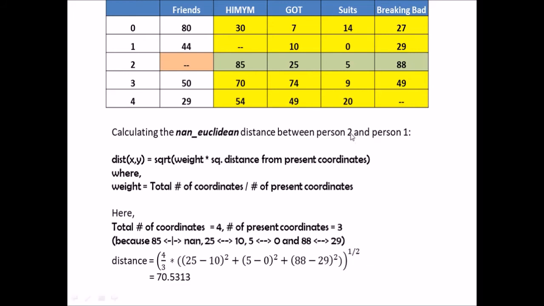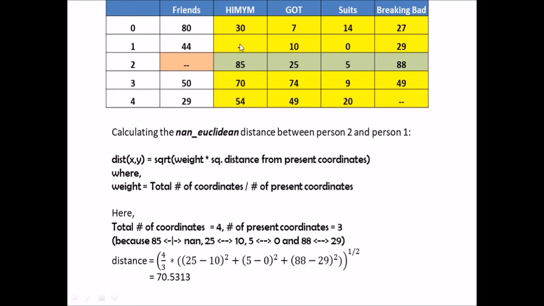Next we'll calculate between this person 2, because we're interested in calculating this missing value, and person 1, to see how close or how far away these two people are in their preferences. We'll do it similarly. Now we see that the total number of coordinates will still be 4, because we have 4 other columns here, but the number of present coordinates is going to differ, because this 85 doesn't have a partner here.